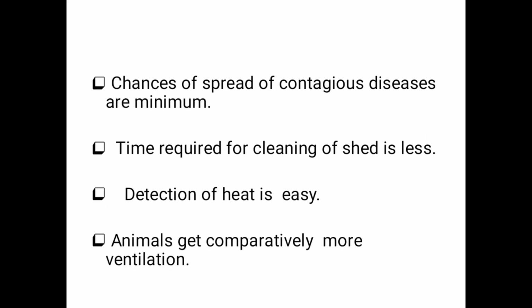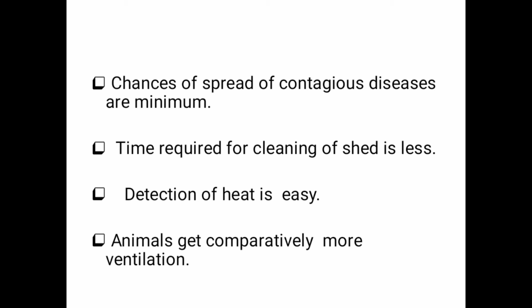Then another advantage of the tail to tail housing system is, the chances of spread of contagious diseases are minimum. As I have told you, contagious diseases are those which transfer from diseased animal to healthy animal by direct or indirect contact.